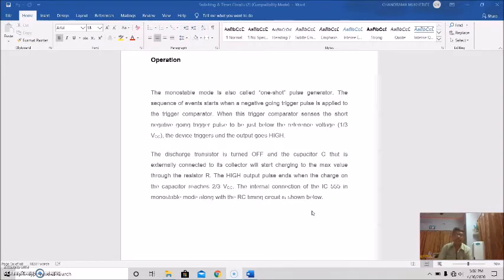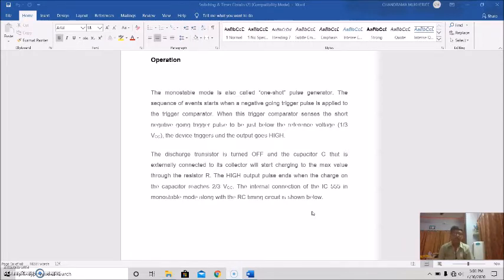The sequence of events starts when a negative going trigger pulse is applied to the trigger comparator.